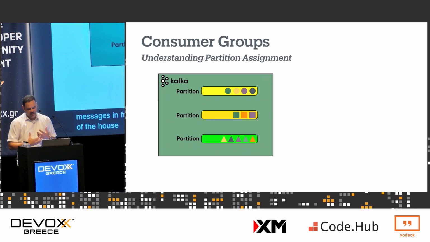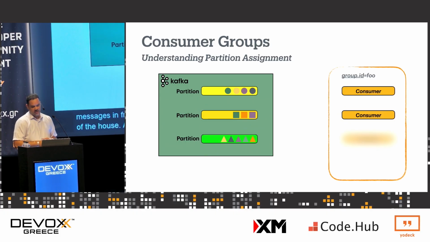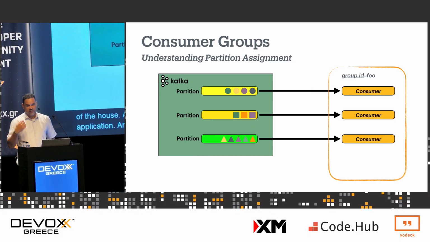And because we have this information in Kafka now, we start a consumer application. And if we start a consumer application, we have to configure it with certain properties, not just to connect to Kafka, but also in order for that consumer to participate in what's called consumer group coordination. Because we're building a group of consumers to hopefully consume from the topics in parallel, consume each partition in parallel.